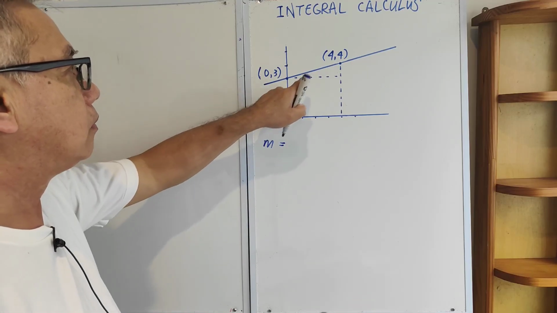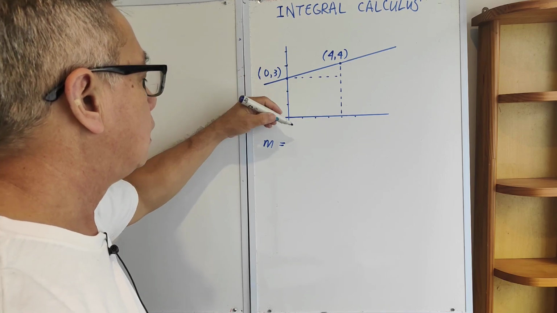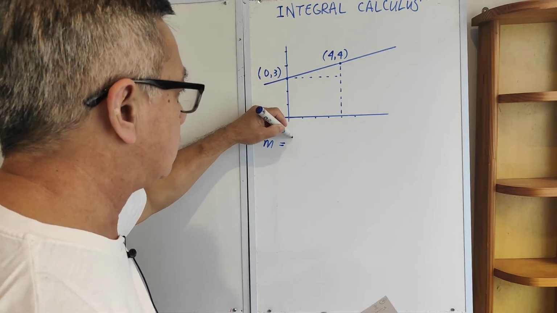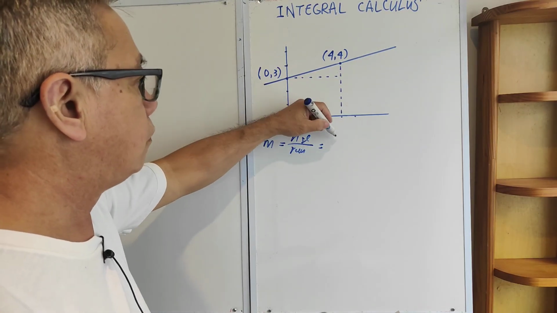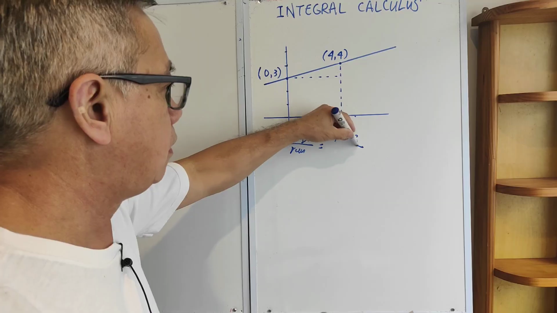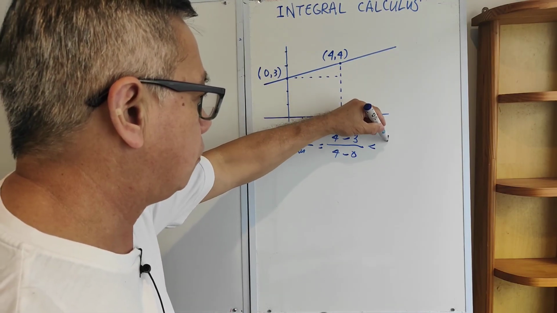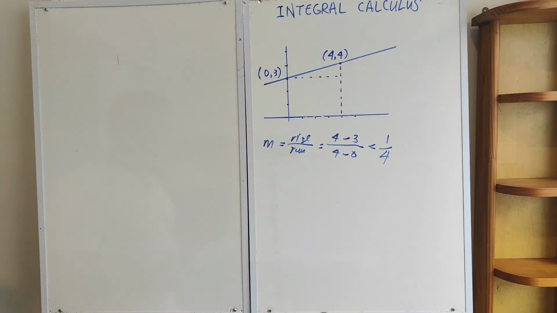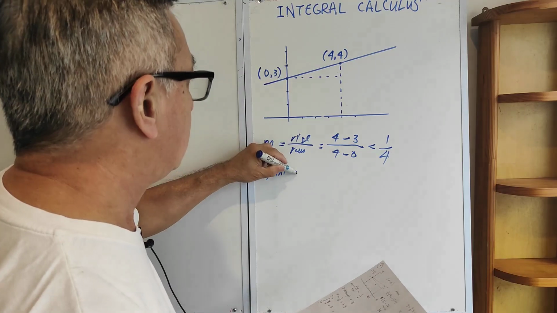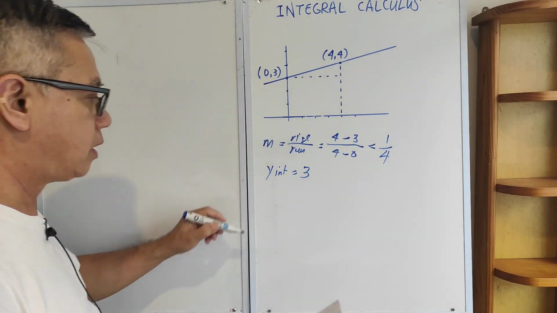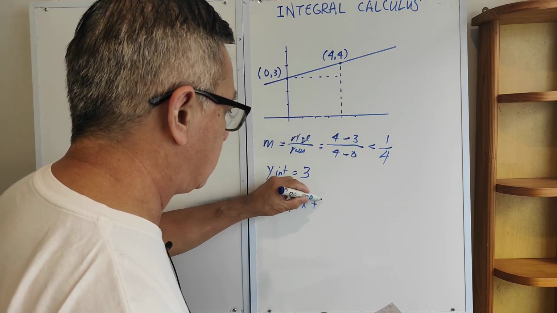Using these points, 4 minus 3 over 4 minus 0. So we have 1/4. That is our slope, and the y-intercept is 3. So our equation is y is equal to 1/4 x plus 3.